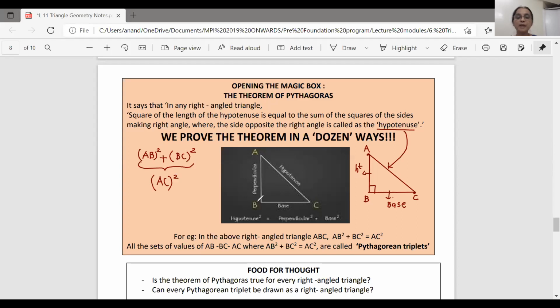AB square plus BC square is AC square. This is called the theorem of Pythagoras. This is true for every right angle triangle.